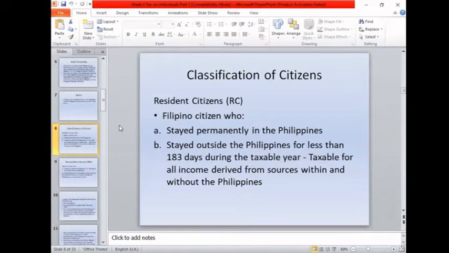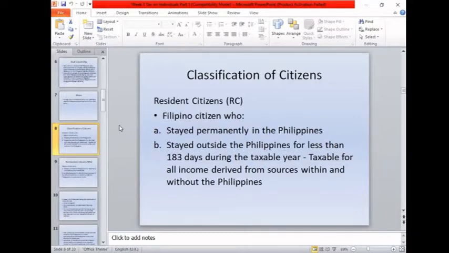So if a Filipino citizen leaves the Philippines for a while, but does not stay too long, or they only go outside the Philippines for less than 6 months, then they are to be called a resident citizen.